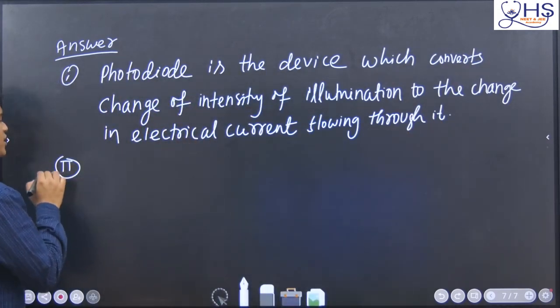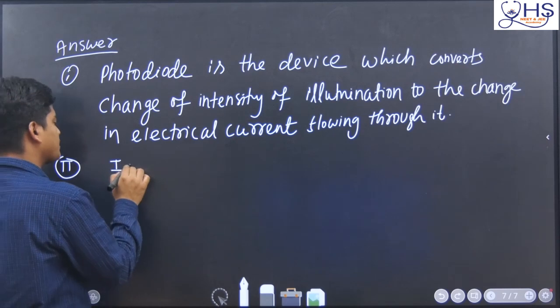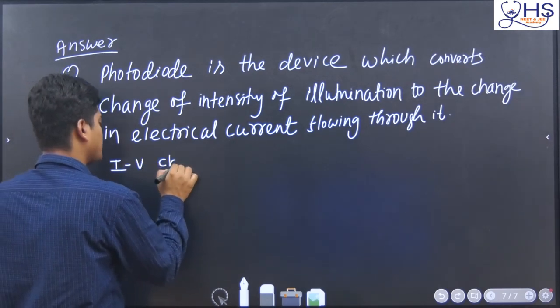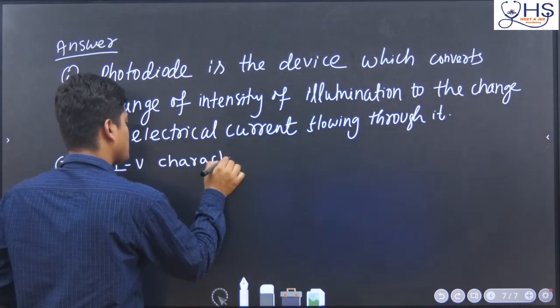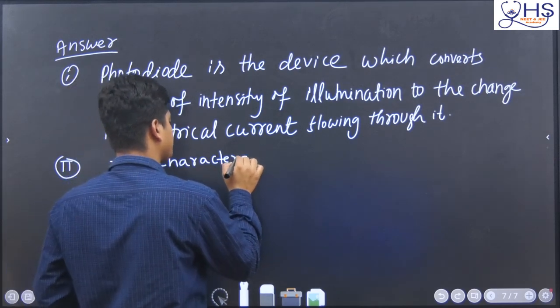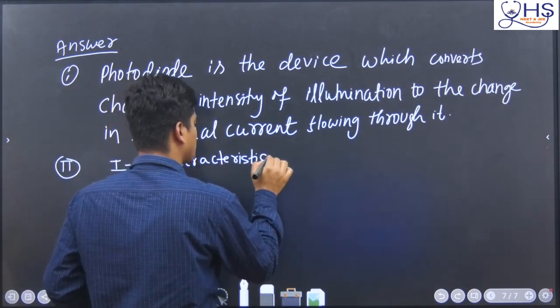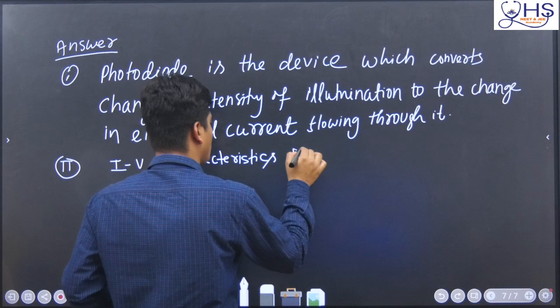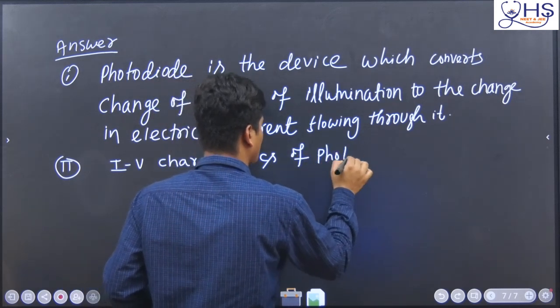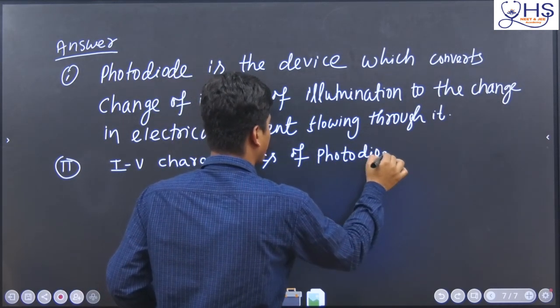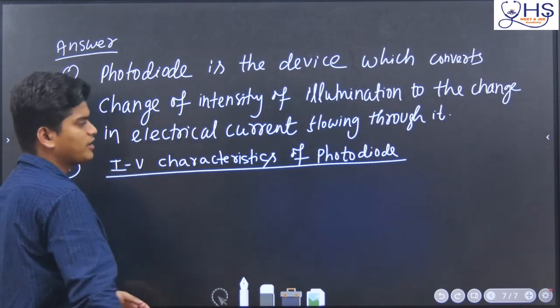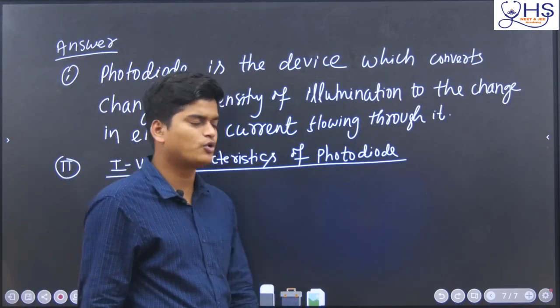Second point is IV characteristics. Write directly the IV characteristics of photodiode. There are different types of diodes we will study in semiconductor and electronics, but here they asked about the photodiode.